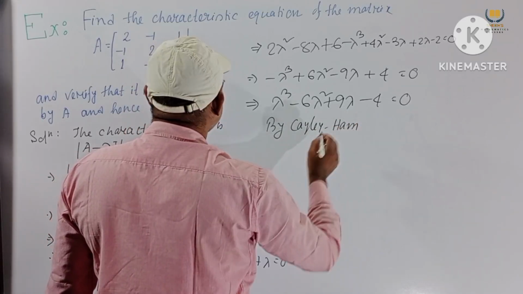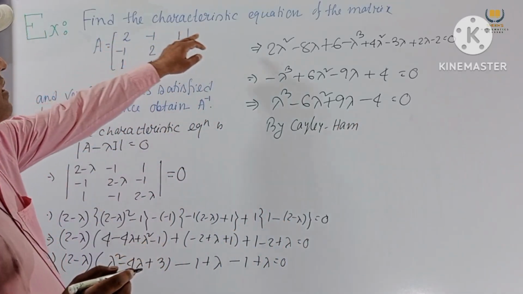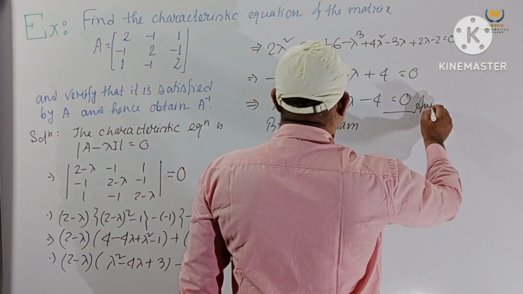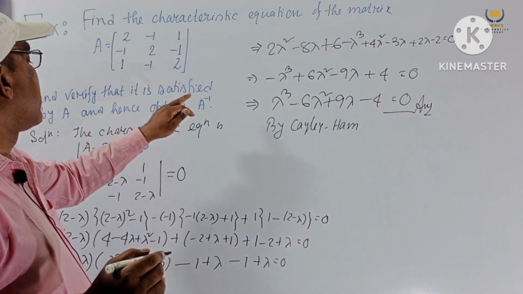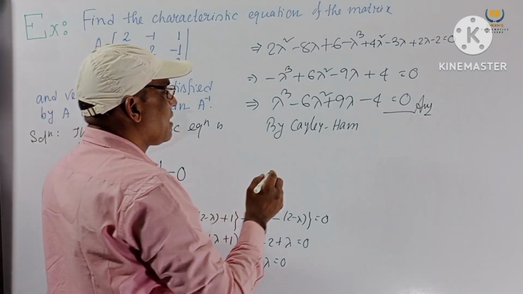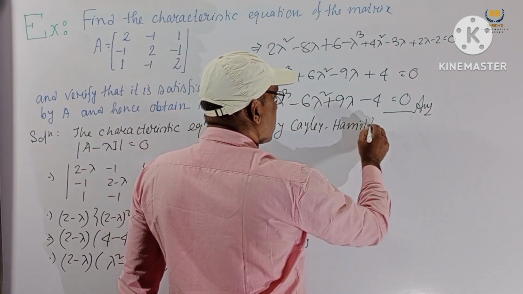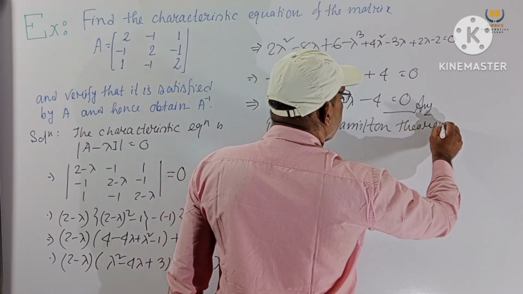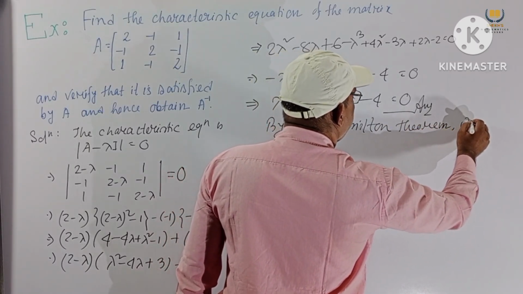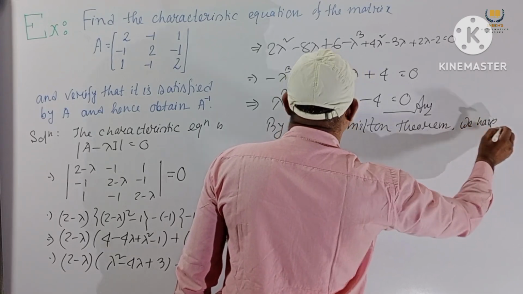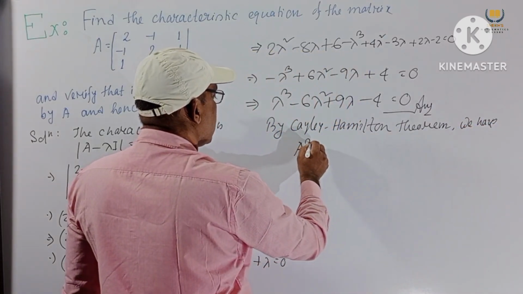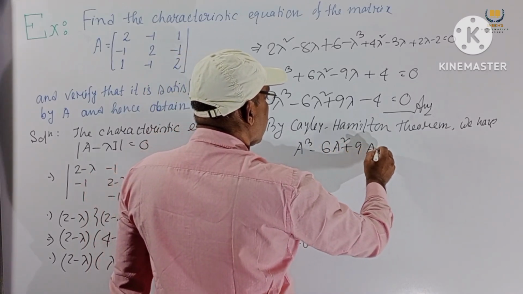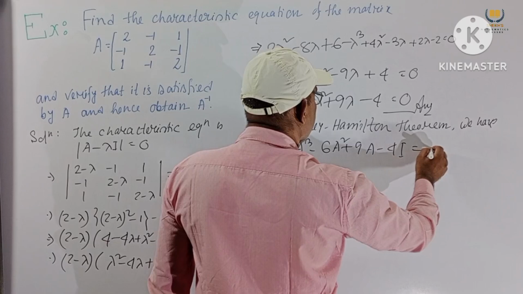This is the characteristic equation we get, and hence we verify it is satisfied by A. By the Cayley-Hamilton theorem we have A cube minus 6A square plus 9A minus 4I equal to 0.